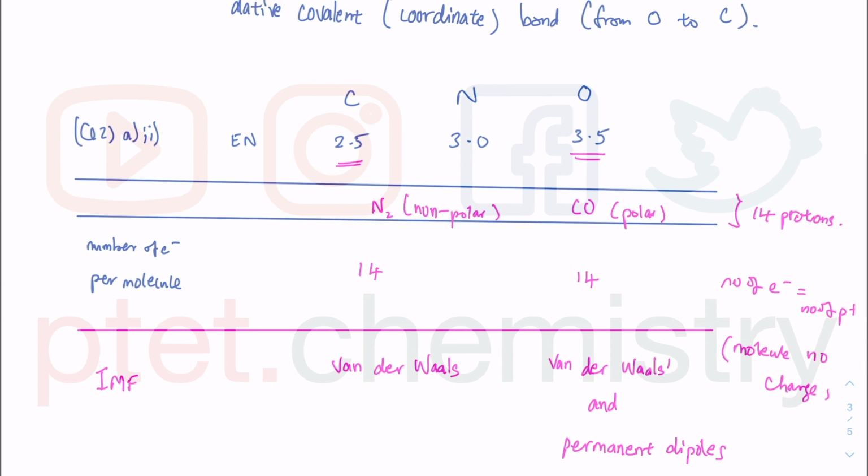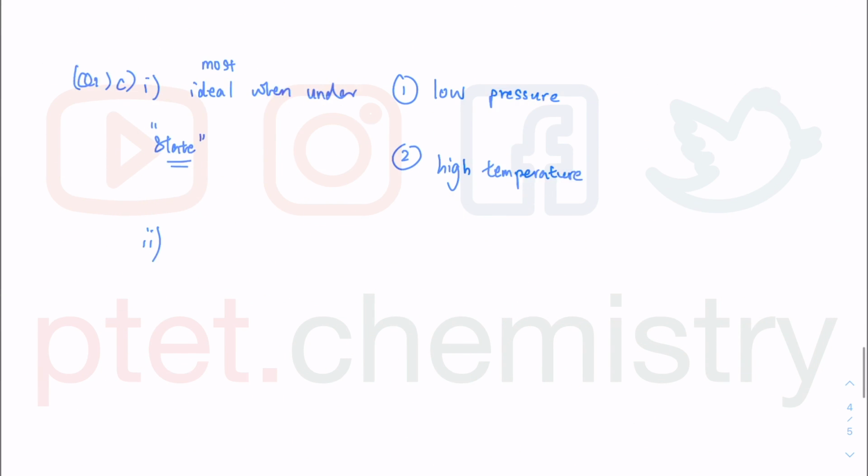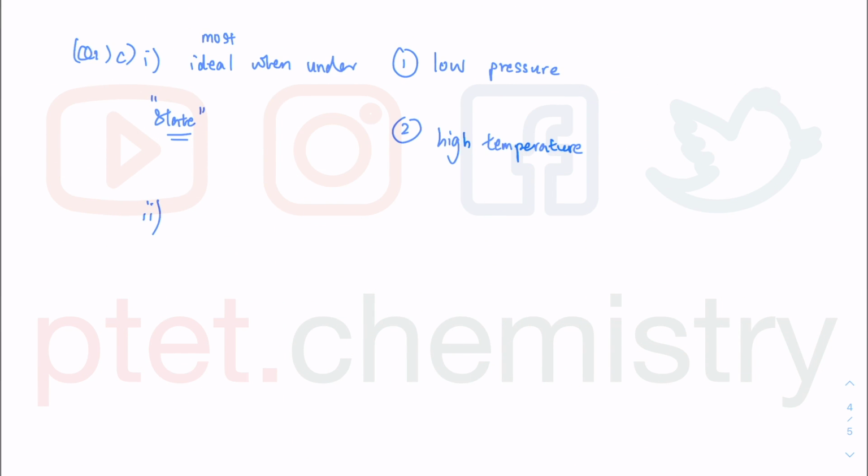They both have the same total number of electrons in the molecule, which is not 28, it's actually 14. It's the molecular mass that is 28 and 28. So be careful about the total number of electrons. So it's got to be the idea that N2 only has weak van der Waals forces of attraction between the molecules.